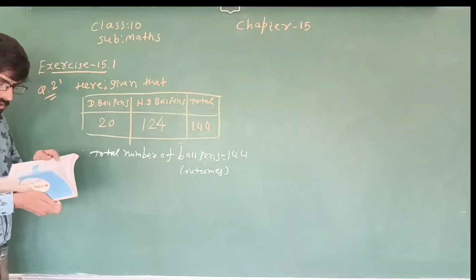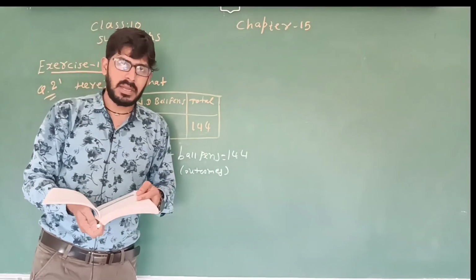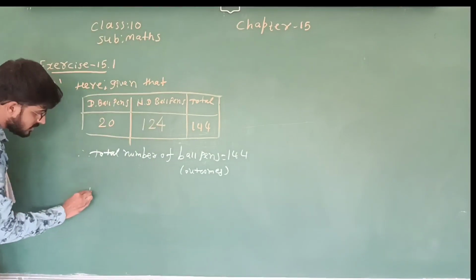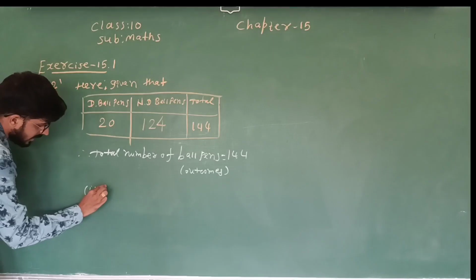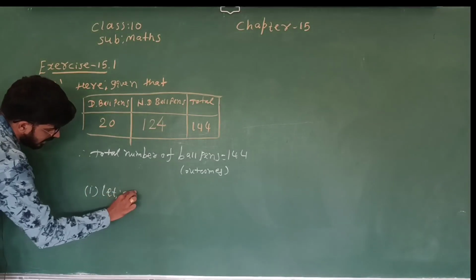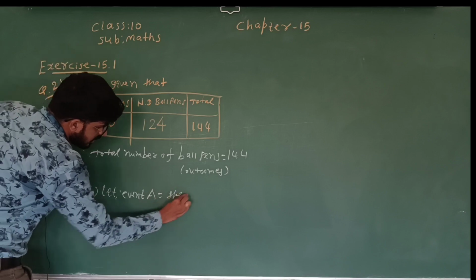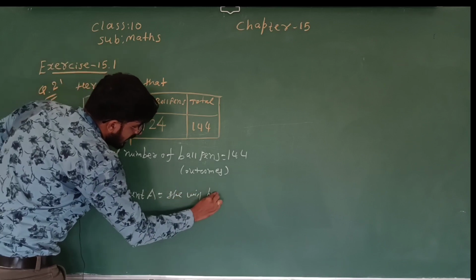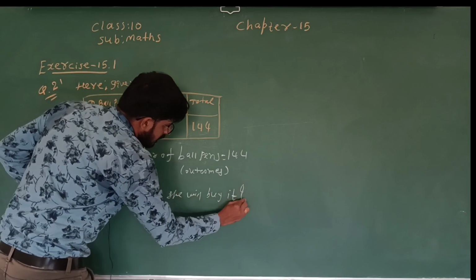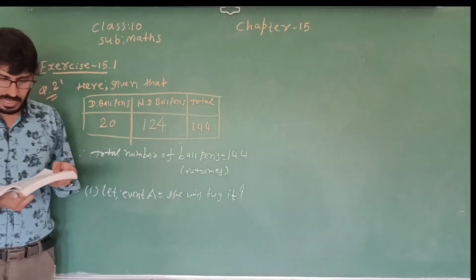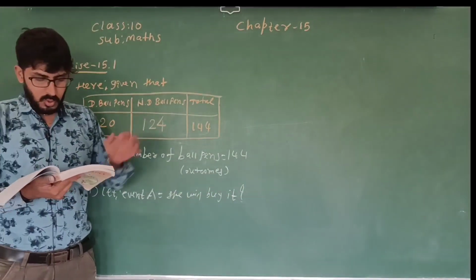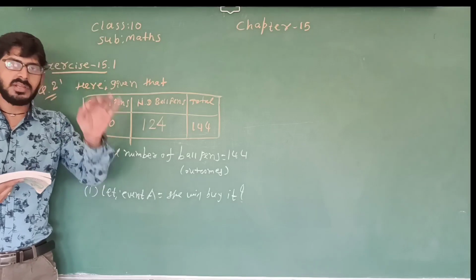Now see, first question is she will buy it. She means Nuri. So first it is known as event A. Let event A be she will buy it. Now see, I read again: Nuri will buy a pen if it is good.